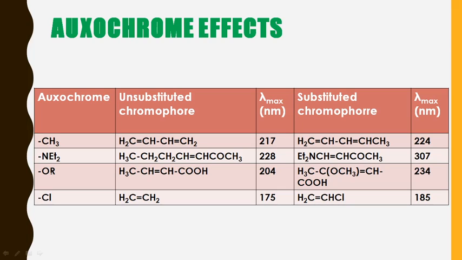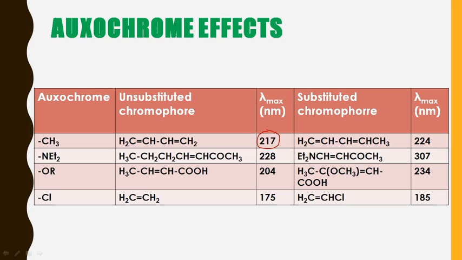Now let us see the auxochrome effect. When an auxochrome is substituted onto the compound, what will happen? Is there any change? Let us see. This is an unsubstituted chromophore. I am taking butadiene. Butadiene gives its absorption at a wavelength of 217 nanometers.